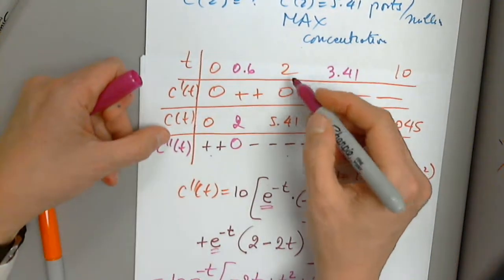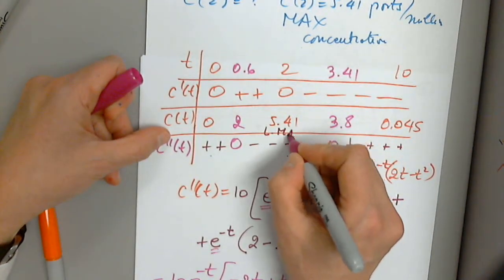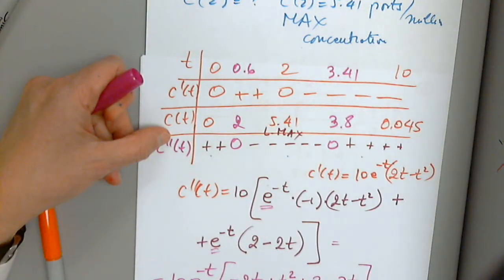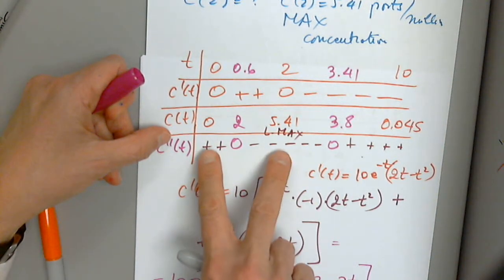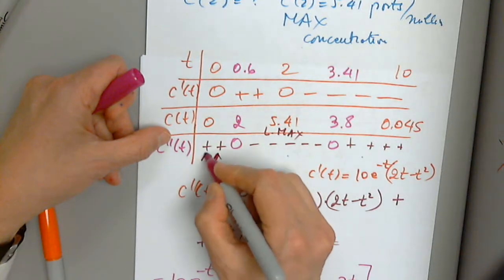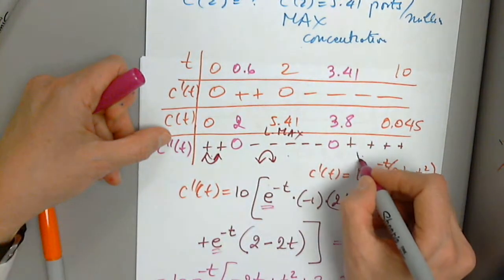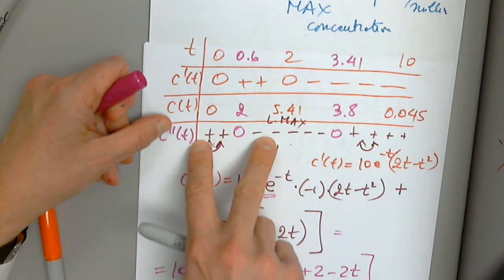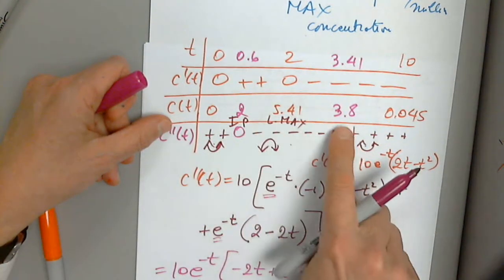What do you conclude? We already concluded that here this is a local max. What do you conclude about 0.6 comma 2? It is an inflection point. The second derivative is 0, and it changes sign. So this is an IP, and this is an IP.